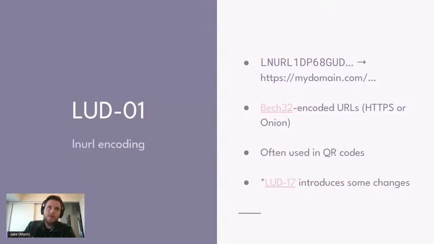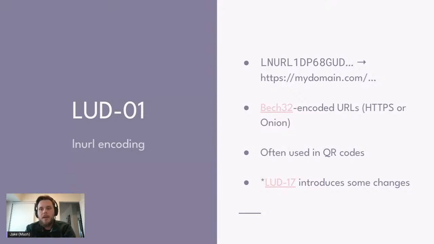So what are the different pieces that make this happen? Within the LNURL repo, there are these things called LUDs, which are basically the different specs that make up the different pieces of the LNURL ecosystem.